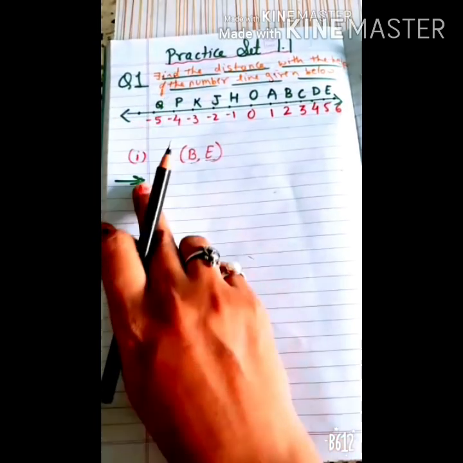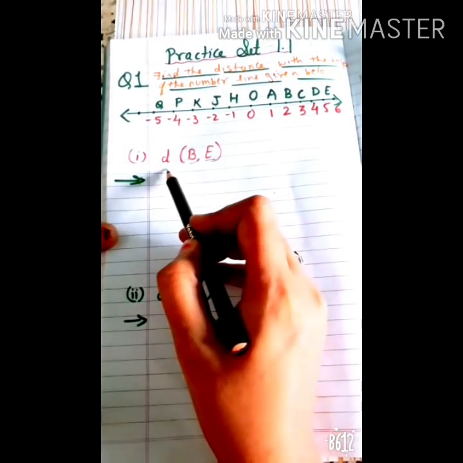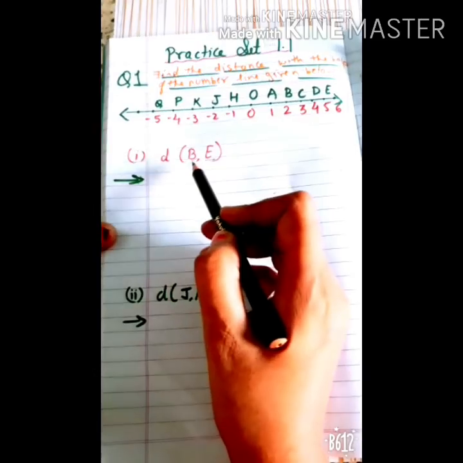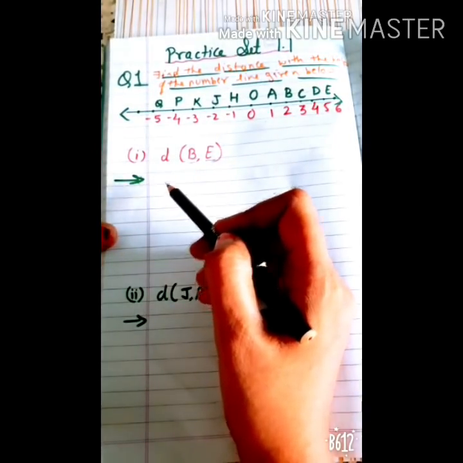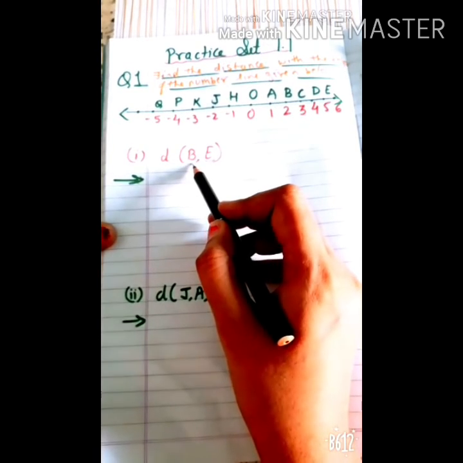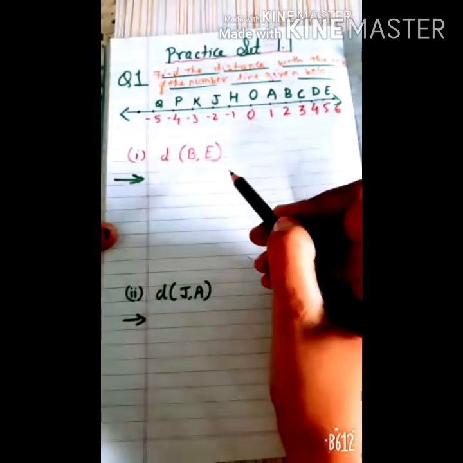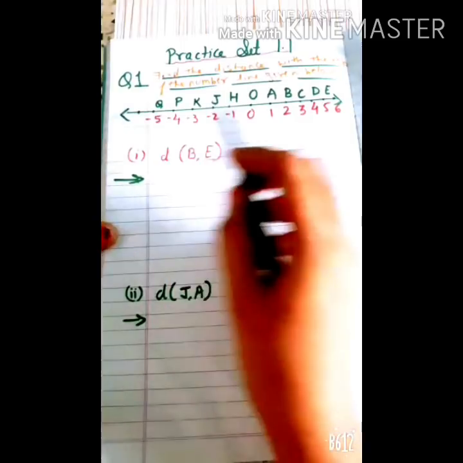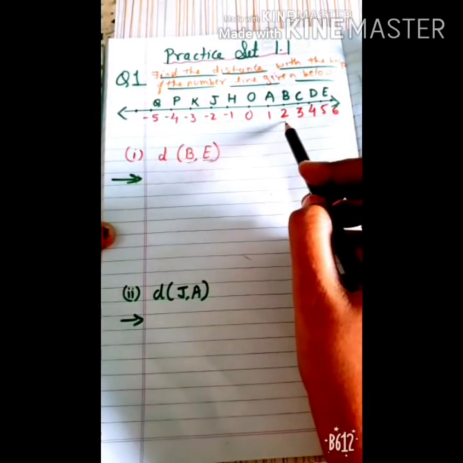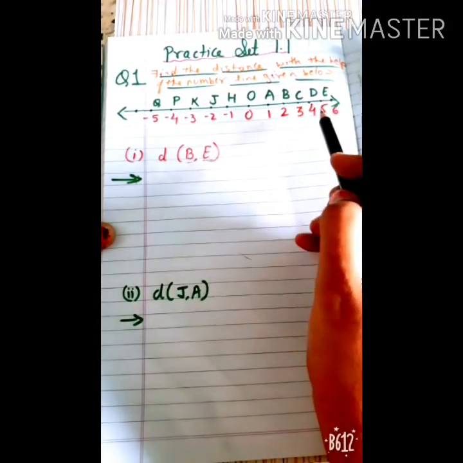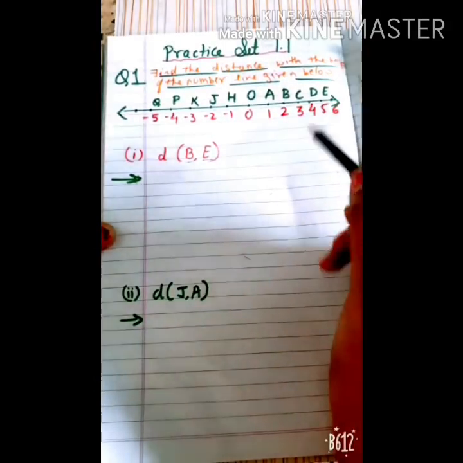Here, question number 1, first sum, we have to find the distance between points B and E. First of all we have to write the coordinates of points B and E. So with the given number line, point B has coordinate 2, point E has coordinate 5.